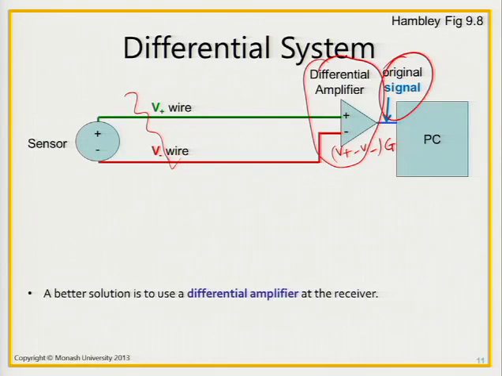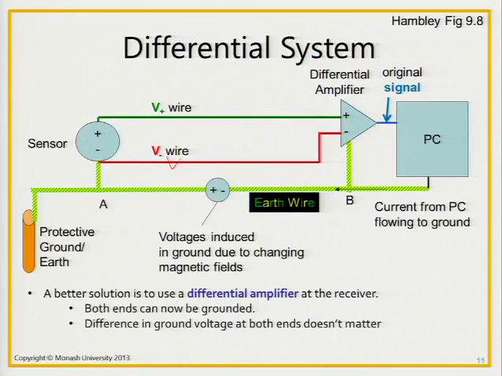So that's really good because now, even if we have this earth wire here and the earth wire has a difference in voltage between here and here, that's okay because this is now decoupled. This earth wire is not related to this red wire. They're actually separated from each other as the reference.